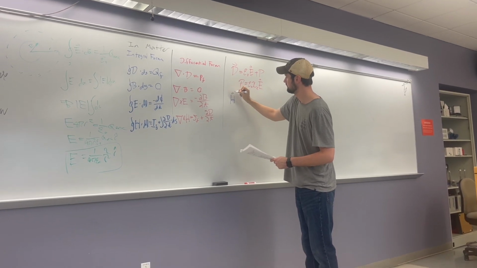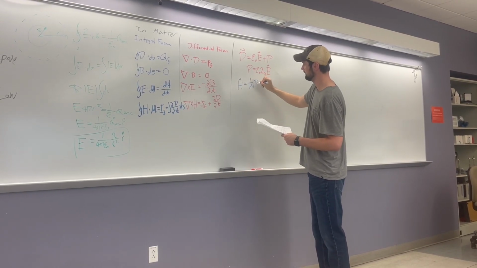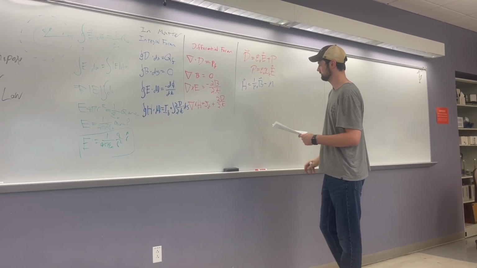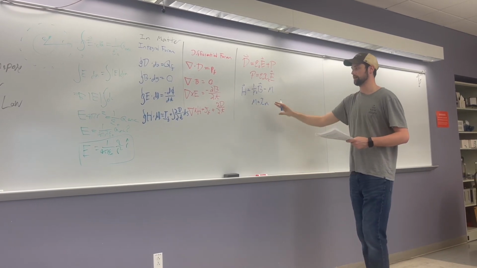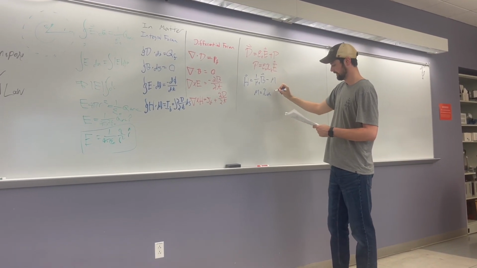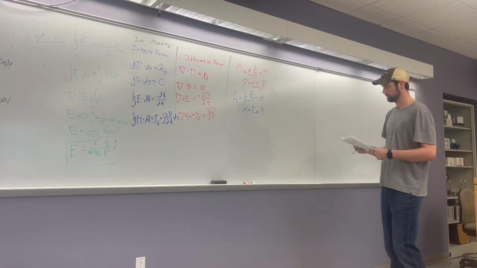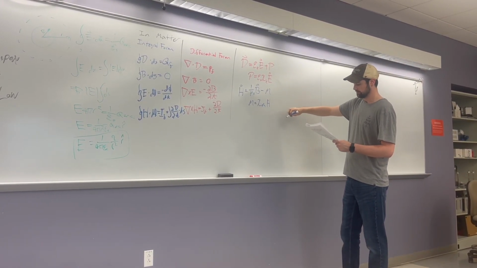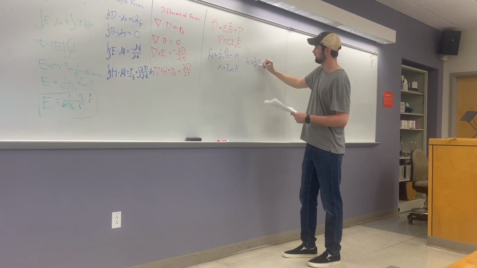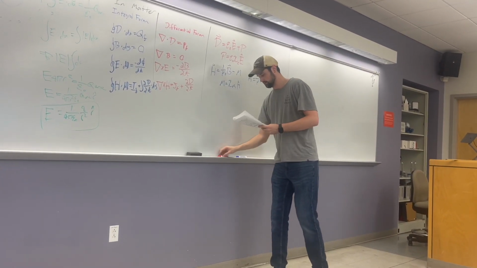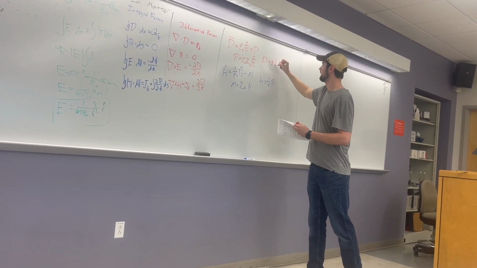So H is defined as 1 over mu naught times the B field minus M, where M is equal to chi sub M, which is now the magnetic susceptibility, times H. Now we can actually simplify both of these, where if we rearrange the equation, H is equal to 1 over mu times B, and D is equal to epsilon times E.